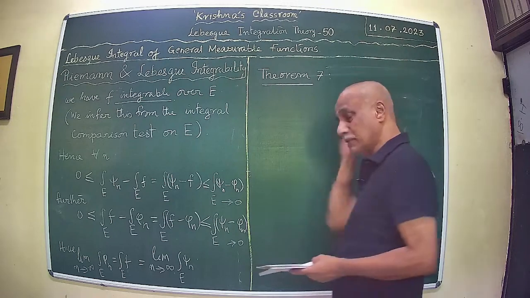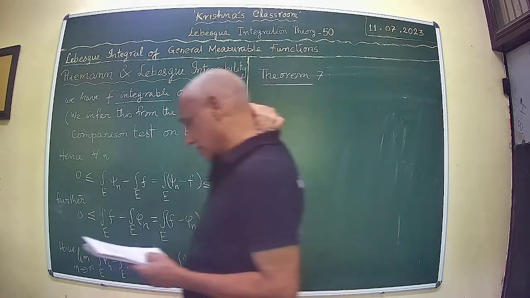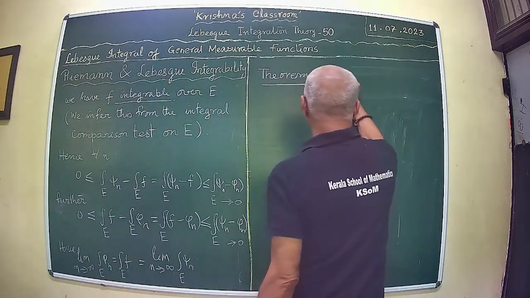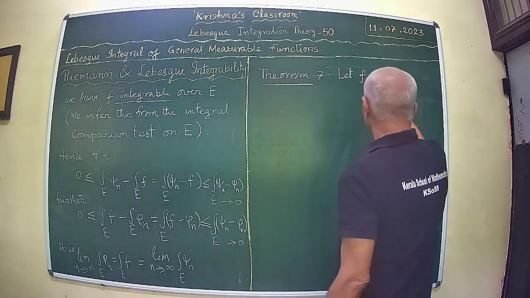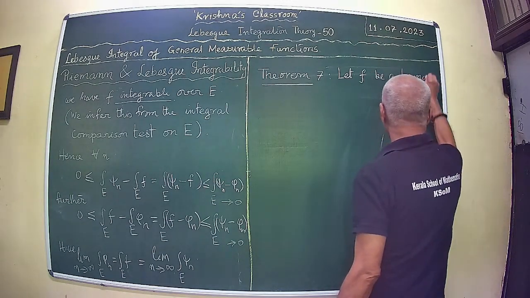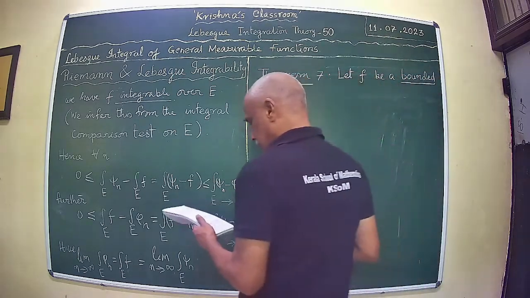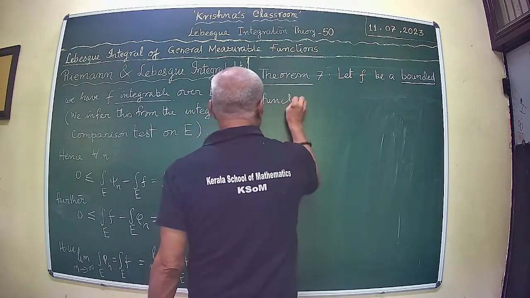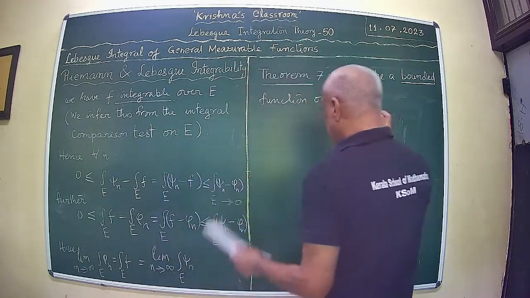Okay, so let us move to the theorem. I'm following the same numbering as you have in the book by Royden. Let f be a bounded function on a set of finite measure.